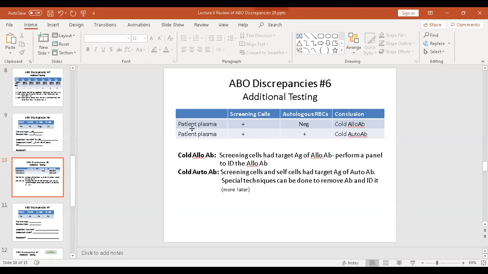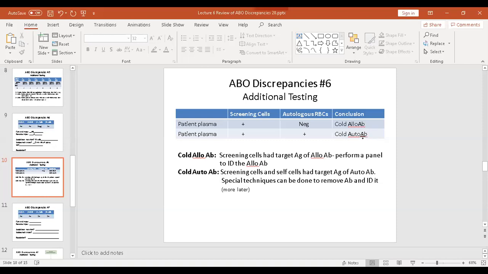If we have a situation where we take 2 drops of our patient plasma, test with screening cells, get a positive, and then also test the patient plasma with the patient's own red cells, and we're still getting a positive, this is telling us that our patient has most likely a cold auto antibody. Auto means directed against self.